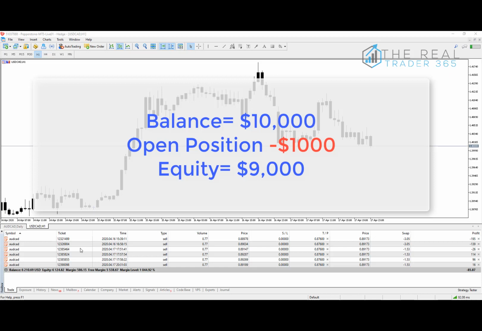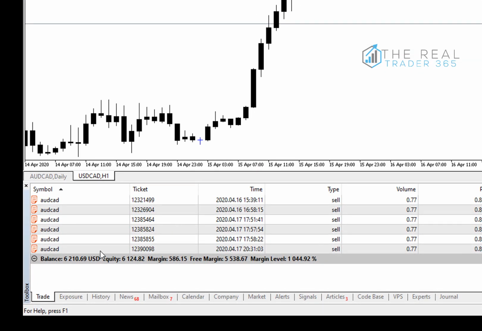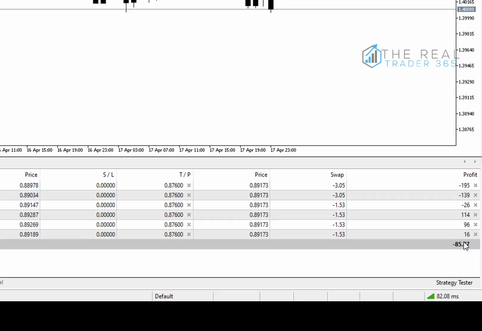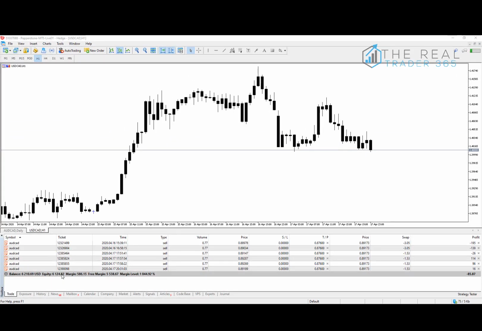But all that means is the equity takes into account your open positions as they move. So that's why if you watch the screen here, my balance is 62.10, but my equity is 61.24 because I'm currently down $85.87 on these open positions. If I was positive, my equity would be more than my balance. Alright, so that's the equity.